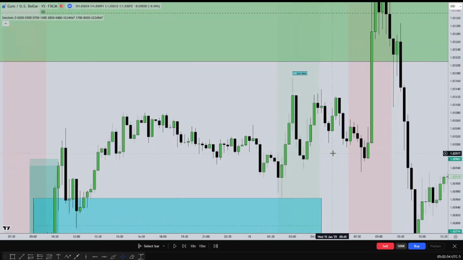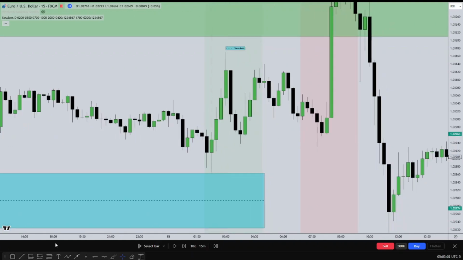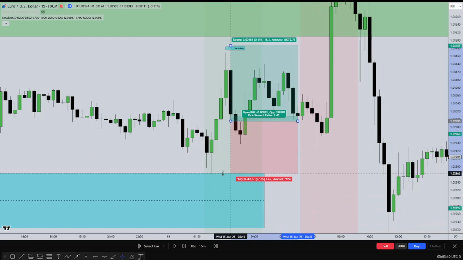Okay, you can see the 15-minute fair value gap. Price opened. Here's the fair value gap. A retracement to the fair value gap. And this was my entry. Stop at the swing low.